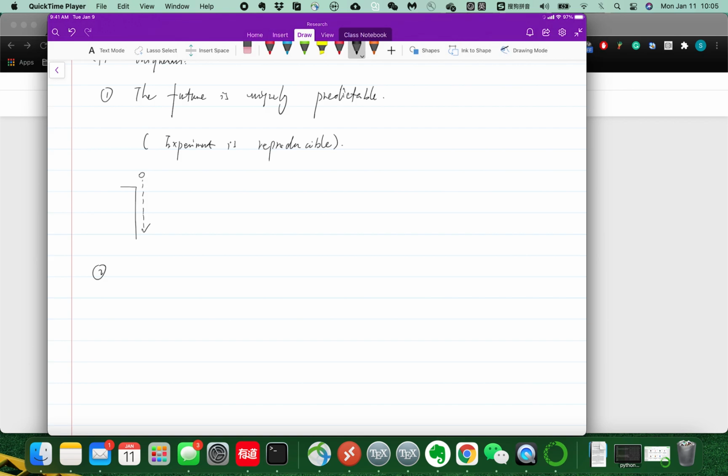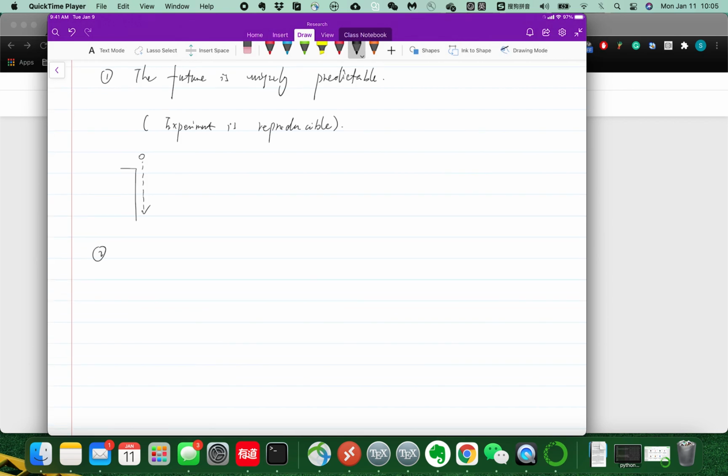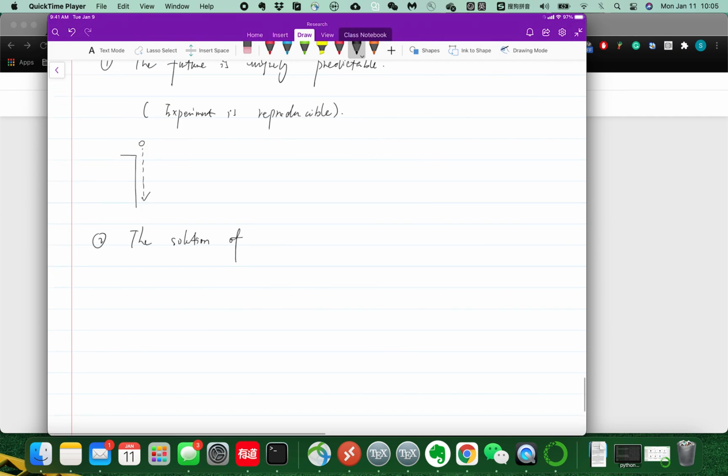Second, which is more interesting in a mathematical sense, the solutions of the same ODE do not intersect each other. Let me explain what I mean by that.